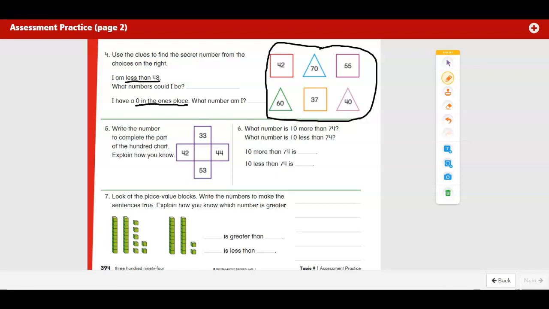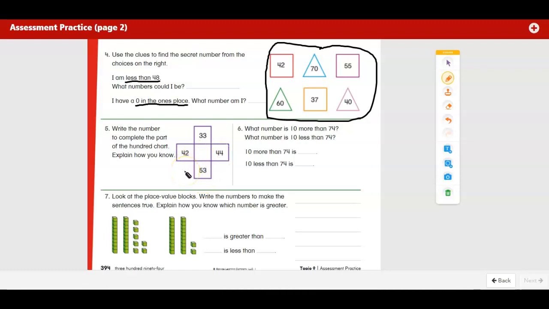For number 5, it says, write the number to complete the part of the 100 chart. Explain how you know. So for number 5, we have part of a 100 chart. We have 33, a blank, 53, 42, blank, 44.